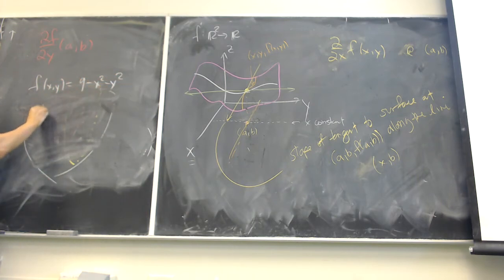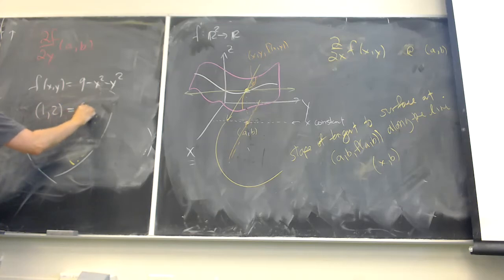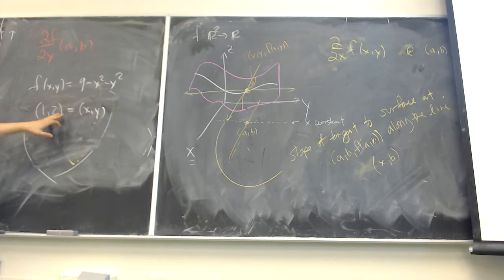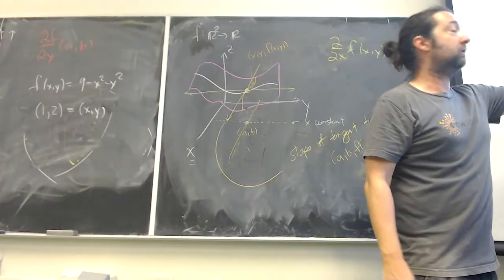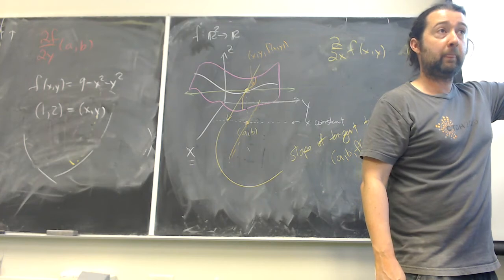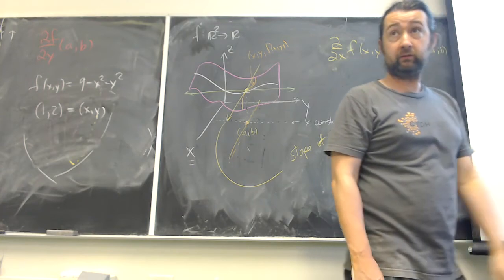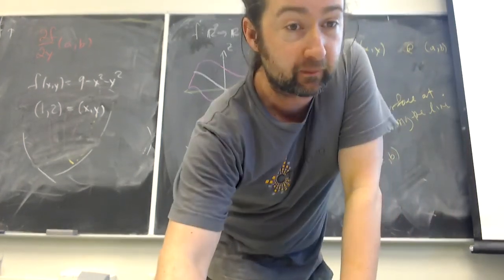I've picked the point (1, 2) to be the x and y that I'm going to compute partial derivatives at. So if I hold y constant at 2 and let x run around, this is the tangent line that I get computing the partial derivative at the point (1, 2). Does that make sense? Okay, let's turn that off for a second.